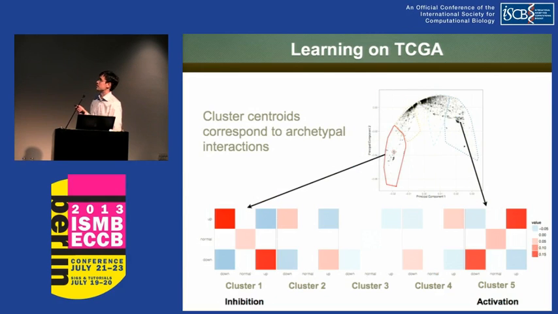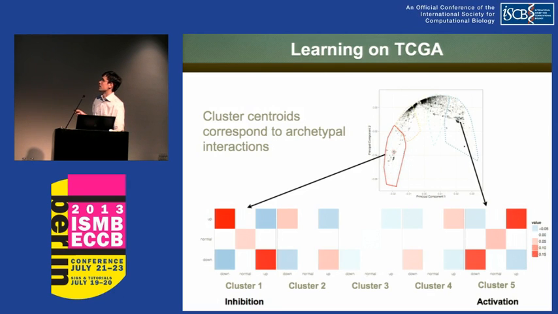And we looked at the centroids of these clusters, and we found that they correspond really nicely to our idea of a strong inhibitor all the way up to a strong activator. If you look at what the 2 principal components we're plotting here are, principal component 1 is modeling the values in the corners, and then principal component 2, the up and down, ends up being the value in the center.